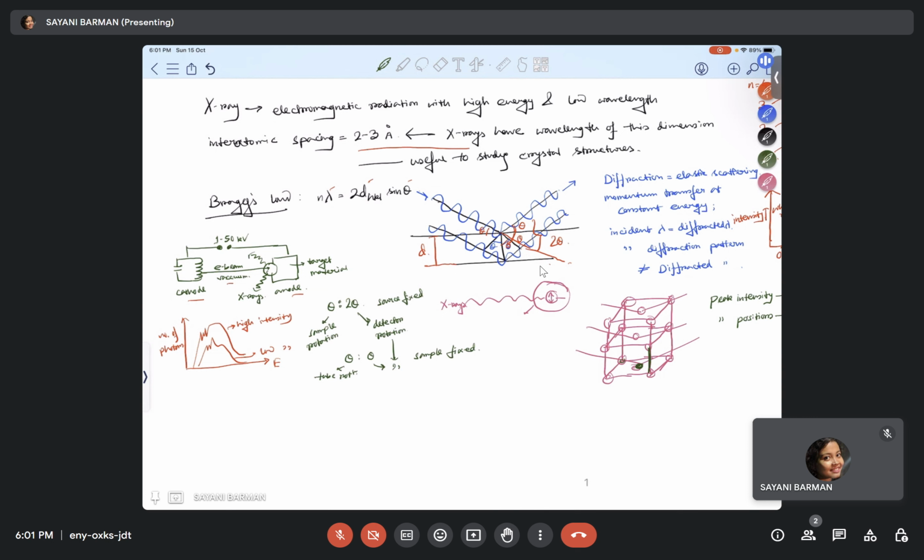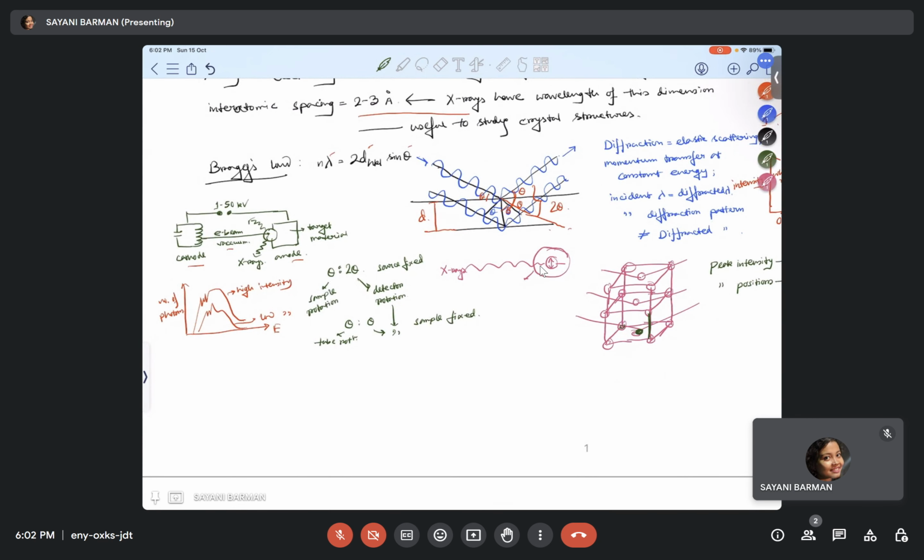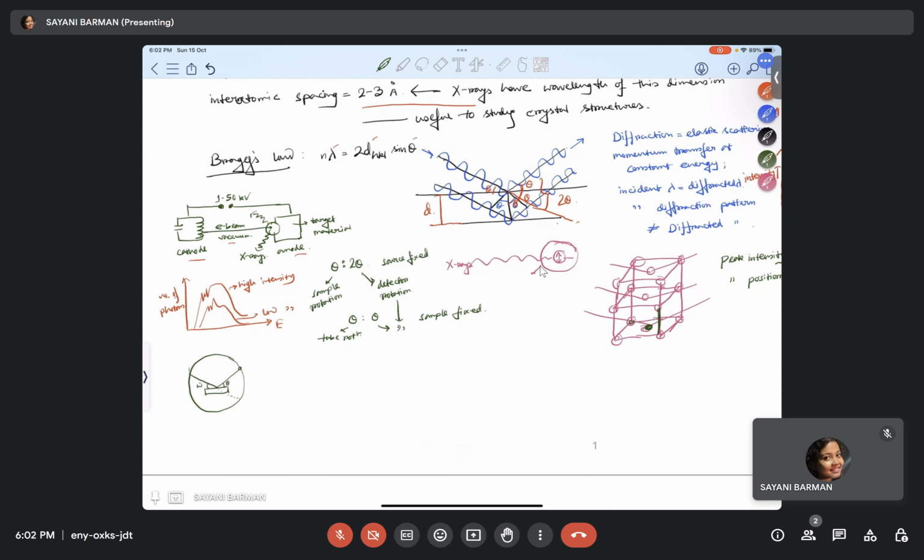Now, the Bragg-Brentano geometry. This is very useful and sir has also taught us in the last weeks. So, I'll just draw it, and I'll explain each of the structures as I draw.